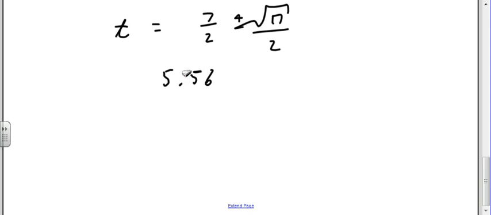And then I got 7 over 2 minus the square root of 17 divided by 2. And I got 1.44. All right. So is that what your calculator told you?